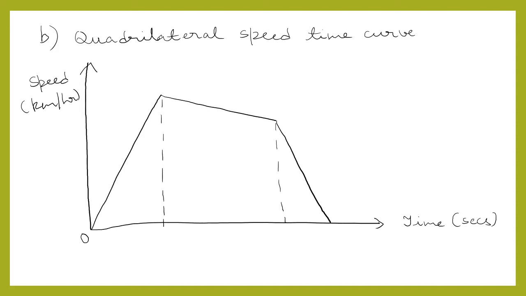So we have the acceleration period approximated to a straight line. The curve OA represents it, and we have the coasting period simplified to a straight line represented by AB in the curve, and we have the braking period, which is simplified to a straight line approximation, the BC curve.